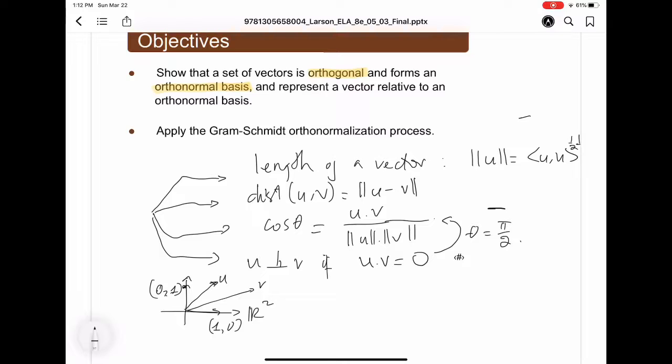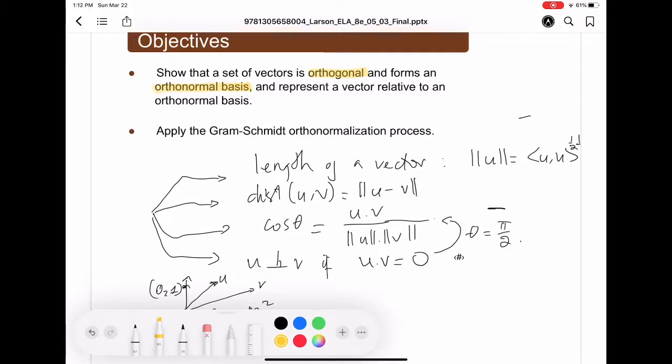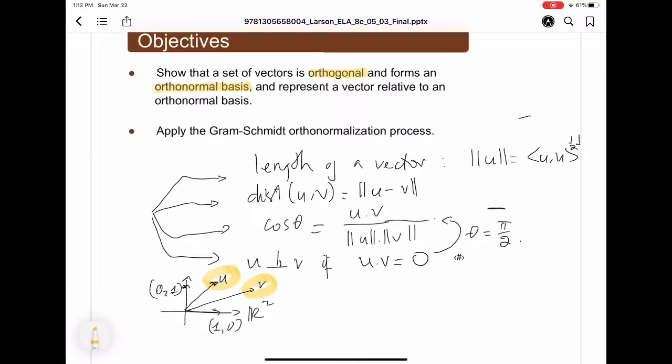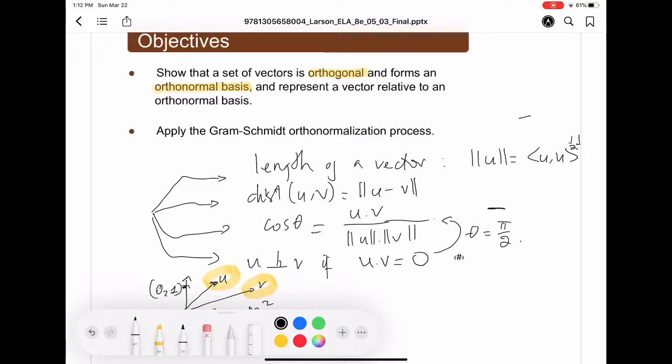But the problem is when you work with (1, 0) and (0, 1), it seems to be easier and very convenient. When you work with some basis like u and v here, it's not convenient at all, because you need to express any vector as a linear combination of u and v.